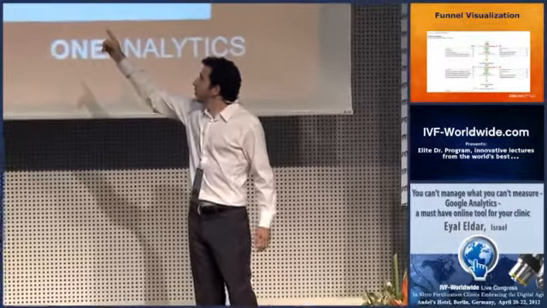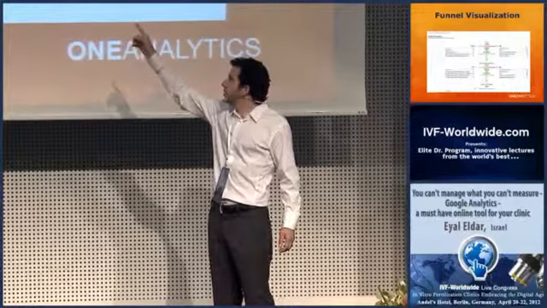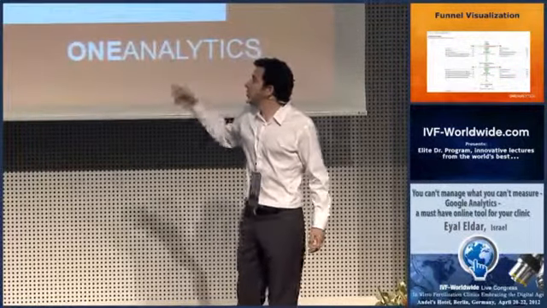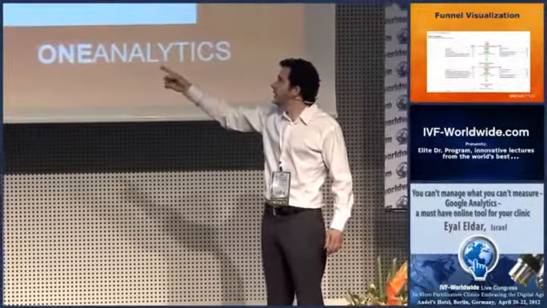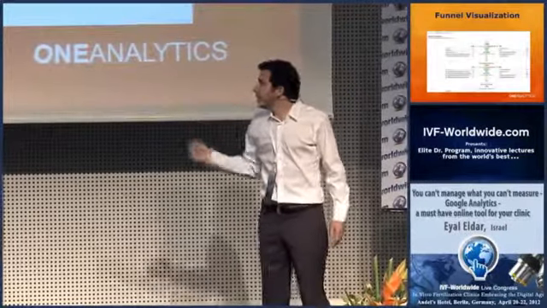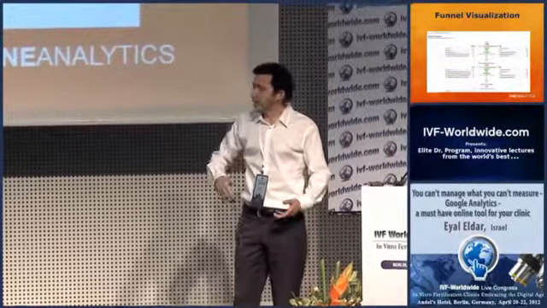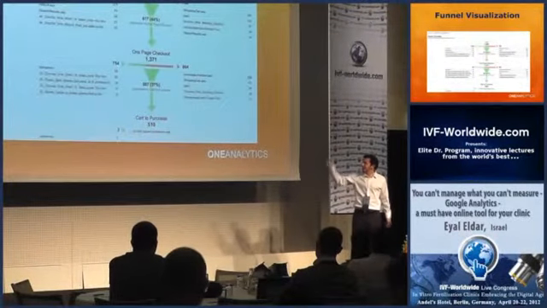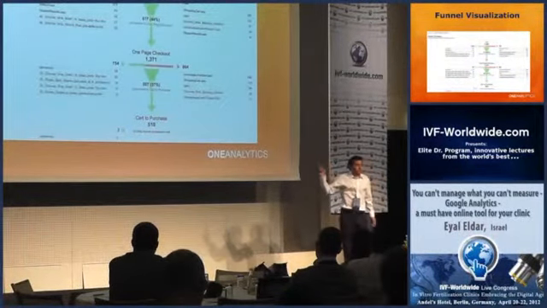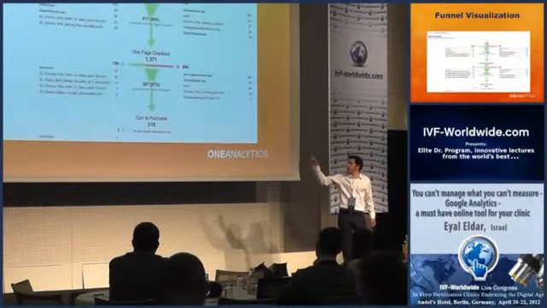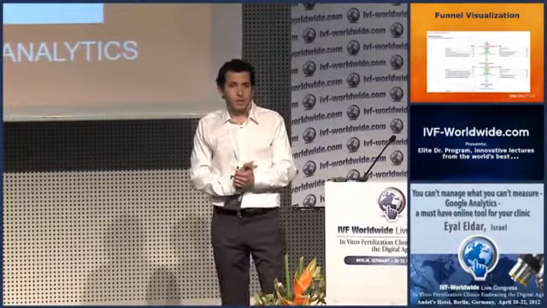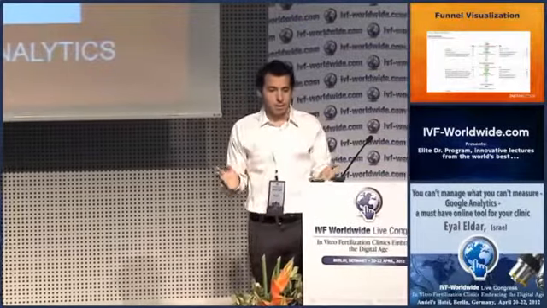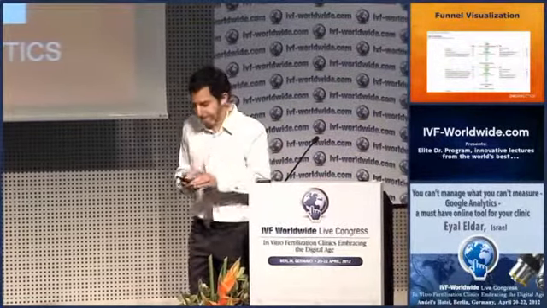But then from step 2 to the final step, you see there's 1,371 people who went to the payment page, but only 510, a bit above a third, 37%, continued and actually completed the purchase. Okay, so what this tells us is there's an opportunity to improve the conversion rate by working on the payment page, because this is where you're losing most of your traffic during the conversion process.